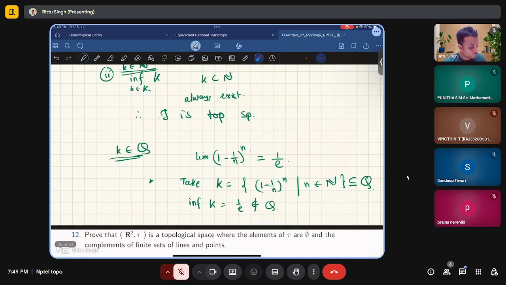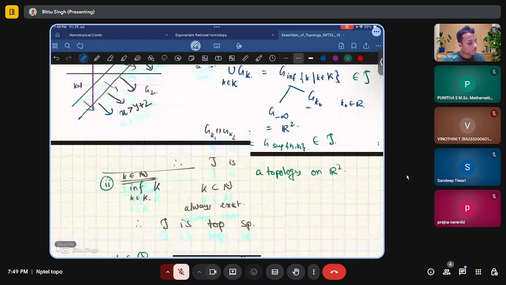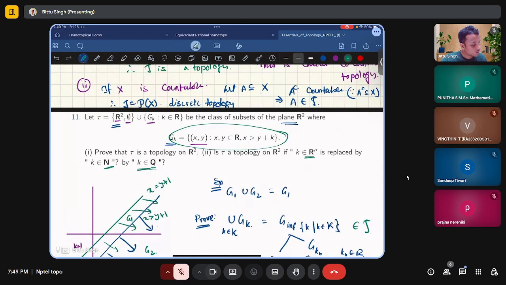So the problem is like this: the union of G_k, k belongs to big K, where this is small k actually. This is some G of 1 by e, but we have not taken any G of 1 by e. In this case, this k belongs to the rationals. So there is no G of 1 by e, if we consider k taken from the rationals.